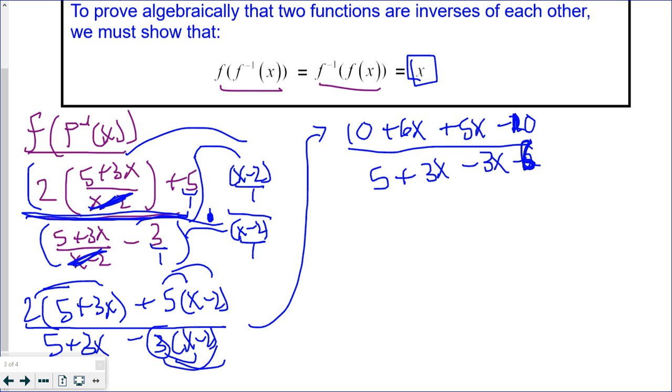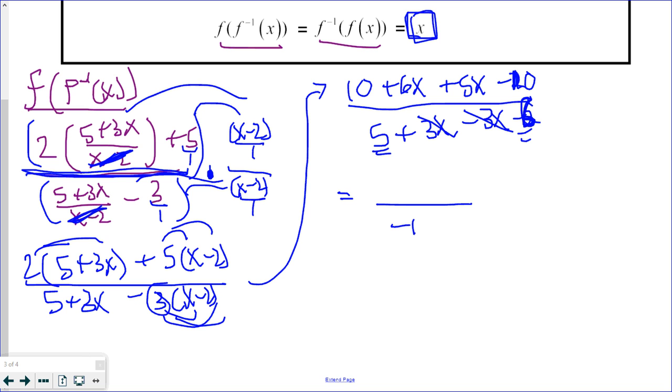Now, the idea is it's going to simplify down to x. Look what happens. 3x and negative 3x go bye-bye. 5 minus 6 becomes negative 1. So on the denominator, I got negative 1. And on top, I got, let's see here. And once again, my multiplication is off today. I apologize.